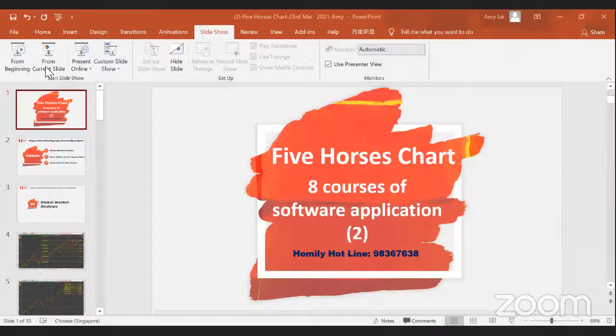So then how is it related to Homely rainbow, and how can Homely rainbow help us solve the problem? Okay, let me switch to the slide again.